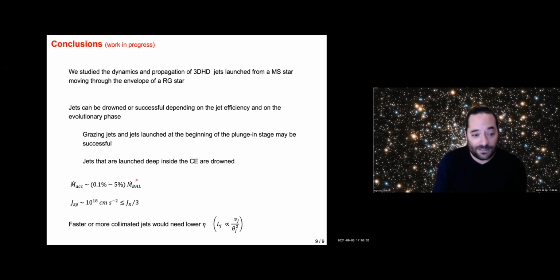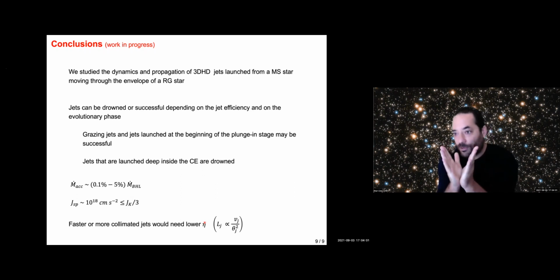We see this mass accretion rate at 1 to 5% of the Bondi-Hoyle accretion rate. The specific angular momentum is around 1/3 of the critical angular momentum needed to form a disk. And so, having these large eta values, 0.7-ish or even 0.3, means either we have a faster jet, or, which is what I actually support, the jet is more collimated.